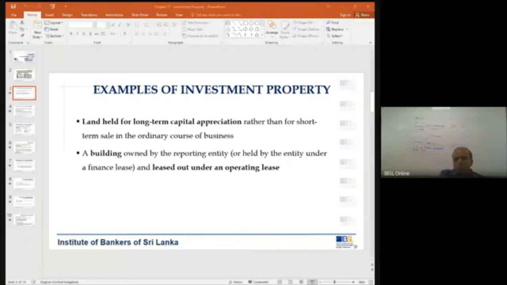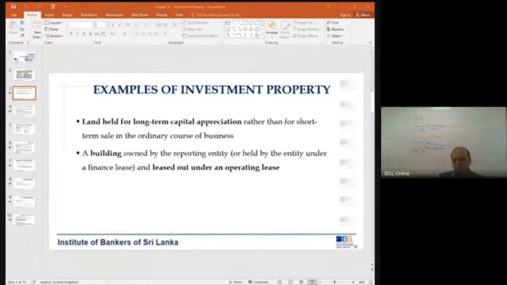Then we go on to say the subsequent measurement of investment property. So how do you measure an investment property subsequently? Now this is again the same thing that you have learned under LKS 16. What is called the fair value model, and then the cost model. So under PPE also we had two models for subsequent measurement.